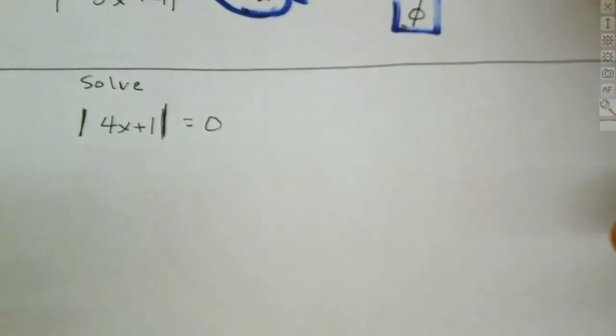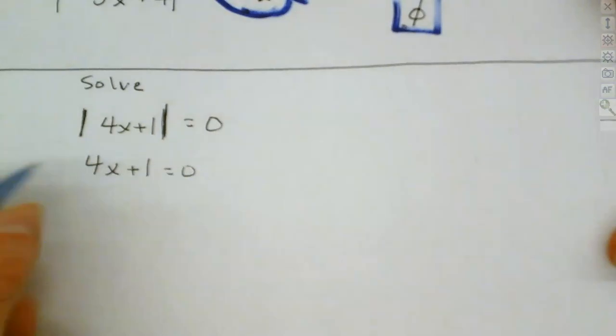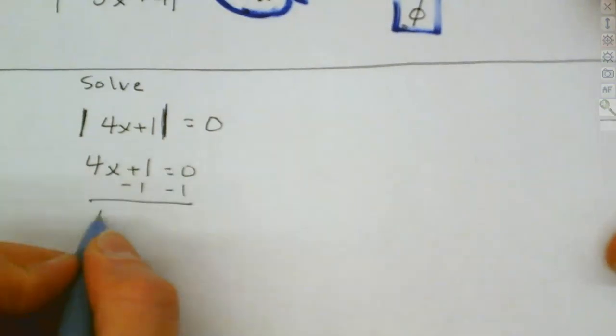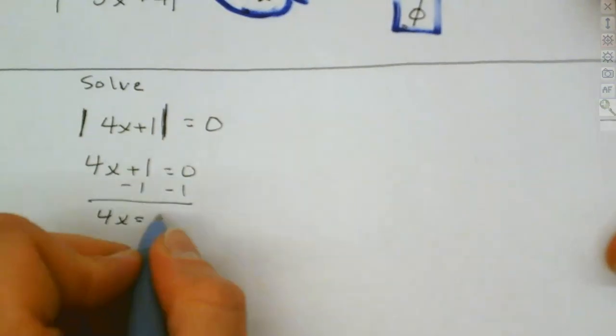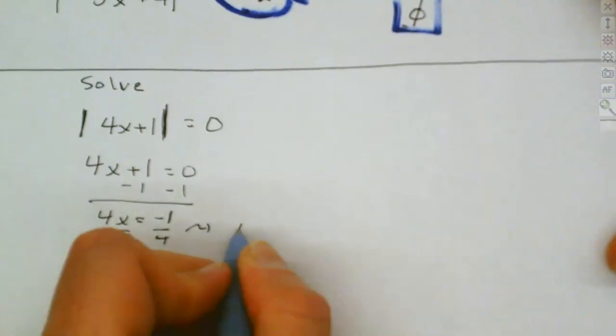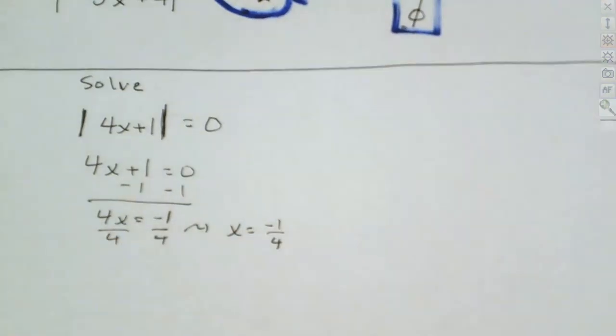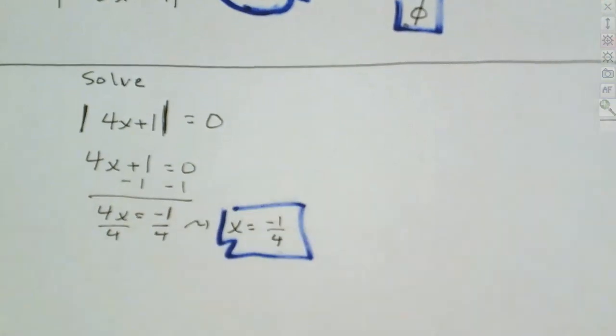So, what's my equation look like? 4x plus 1 equals 0. Move that 1 over. So 4x equals a -1. Divide by your 4. And that means then that x equals -1/4. So 0 you can solve, but there's only one solution because it doesn't have a negative part.